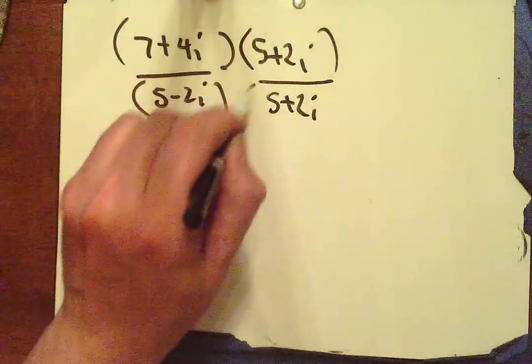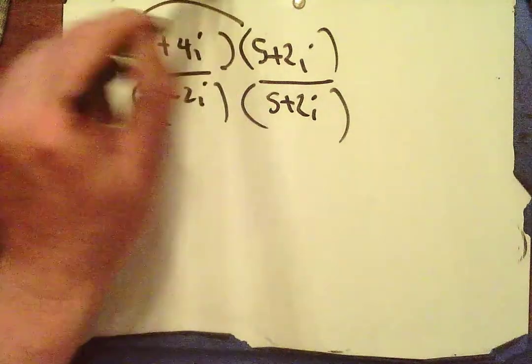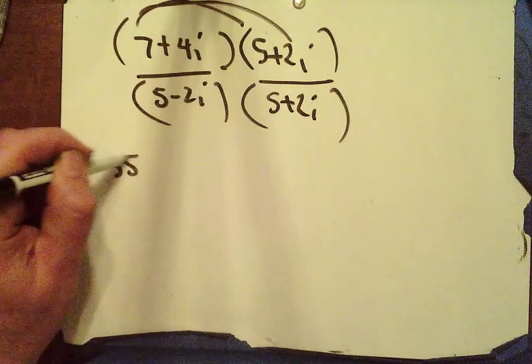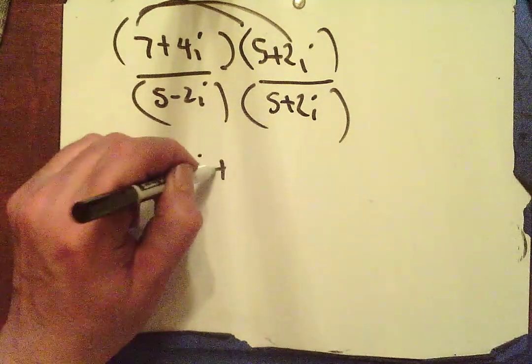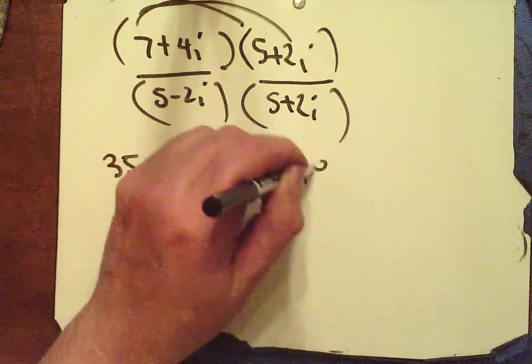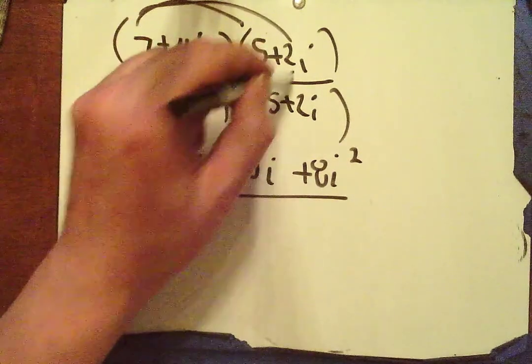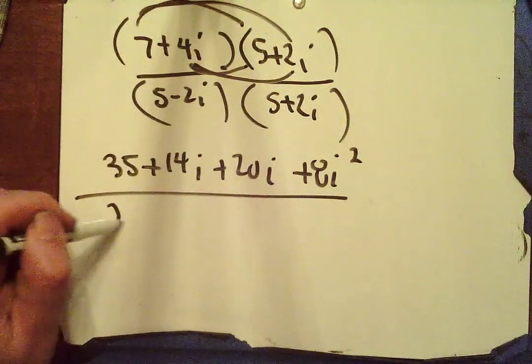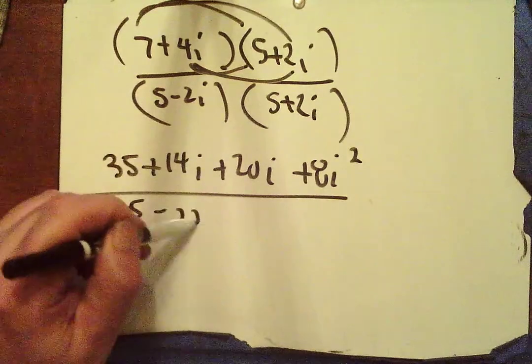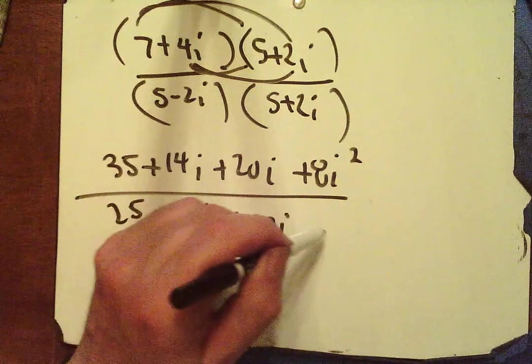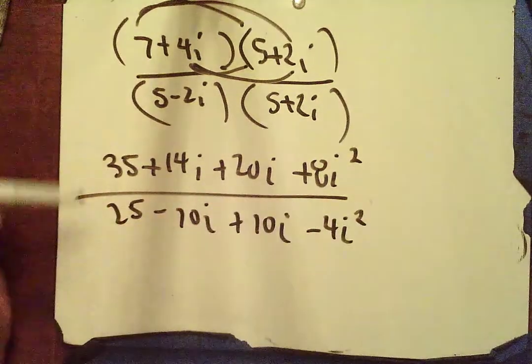And yes, I got a bunch of FOILing to do. On top, 35 plus 14i plus 20i plus 8i squared. On the bottom, 25 minus 10i plus 10i minus 4i squared.